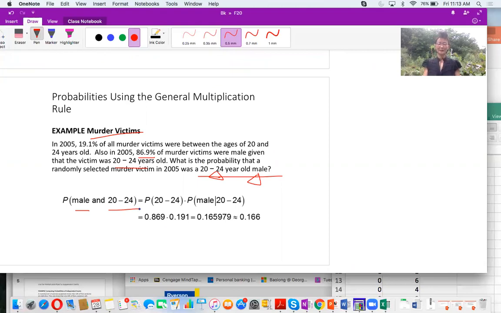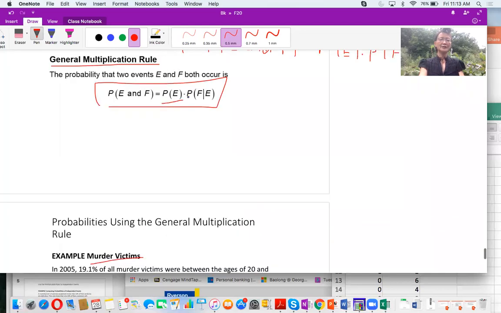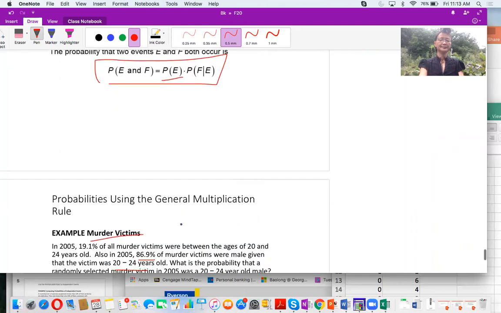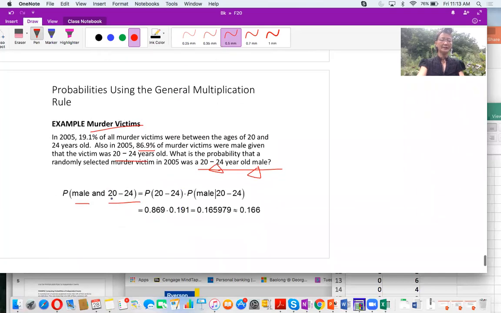So we use the multiplication rule, use this rule here. This probability is the same as the probability of 20 to 24 years old and male.